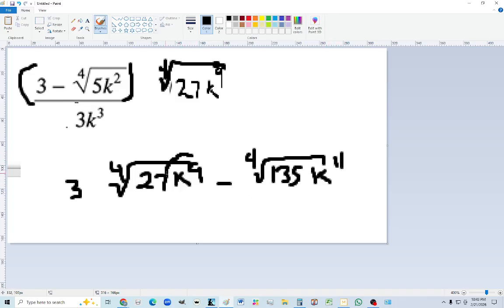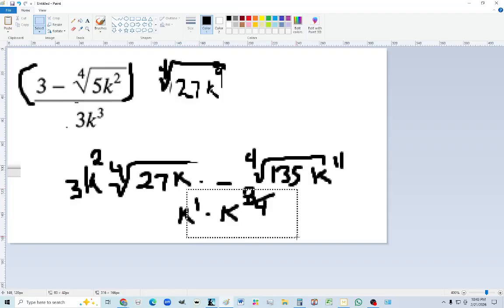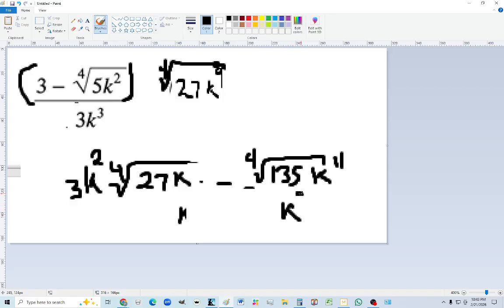Now, it's possible to simplify the k's because of the 9. K to the 9 is the same as k to the 1 times k to the 8. And if I separate k to the 8 with its own 4, it's k squared. So that just leaves 1k in there. Over here, for k to the 11, it's the same as k to the 8 times k to the 3.